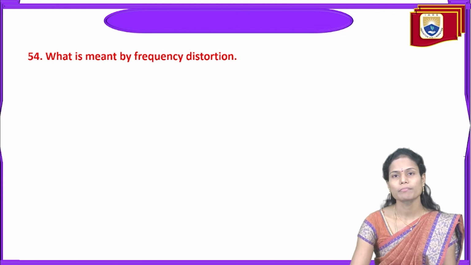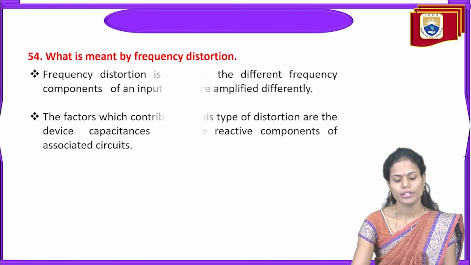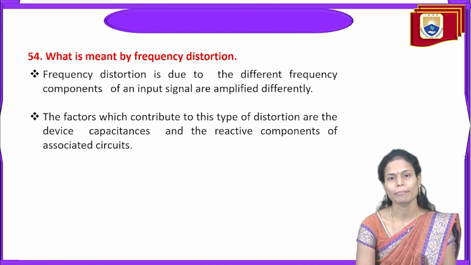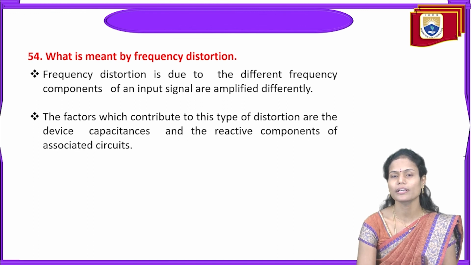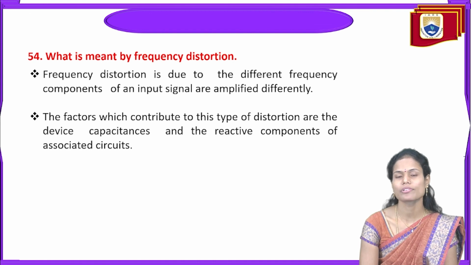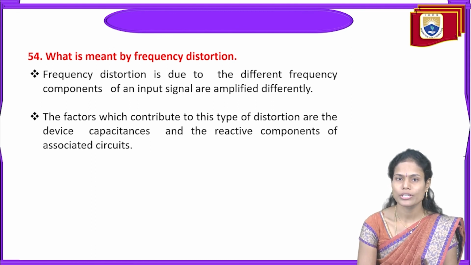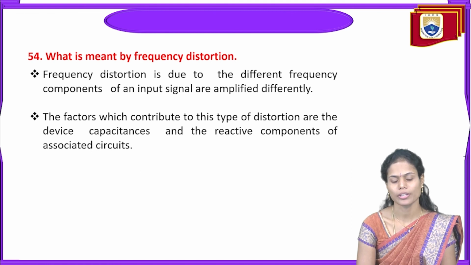And next, what is meant by frequency distortion? So this frequency distortion is due to the different frequency components of an input signal being amplified differently. That is nothing but, along with the required frequency signal, some other frequency signal is also amplified, and both will appear at the same time across the output, so that we cannot estimate which one is the required signal here.